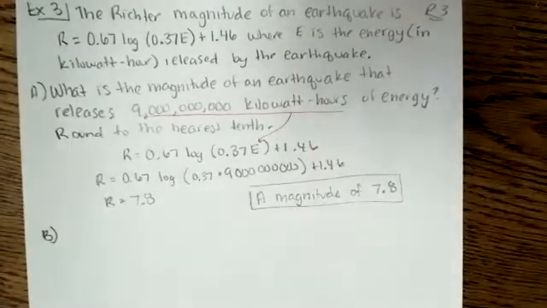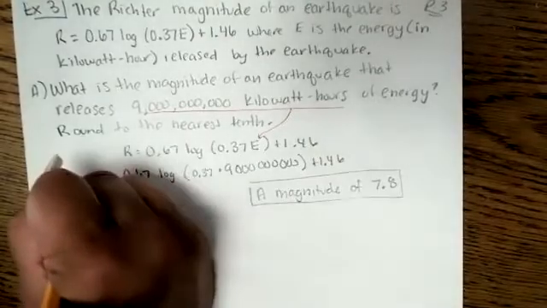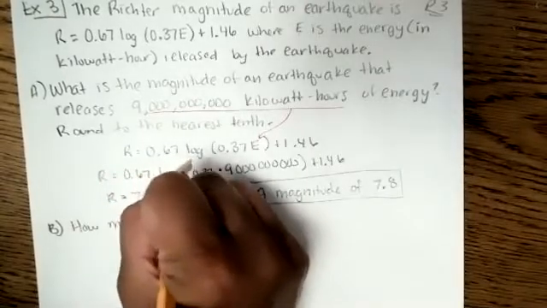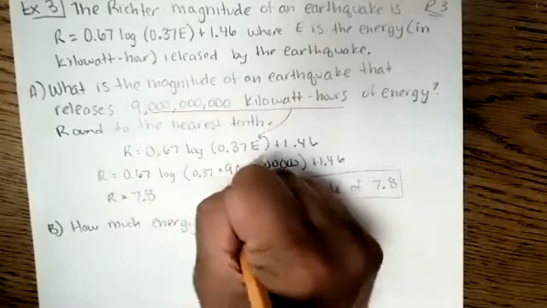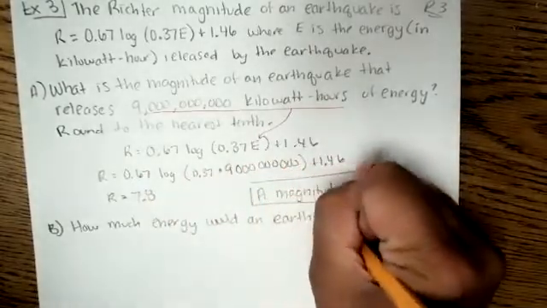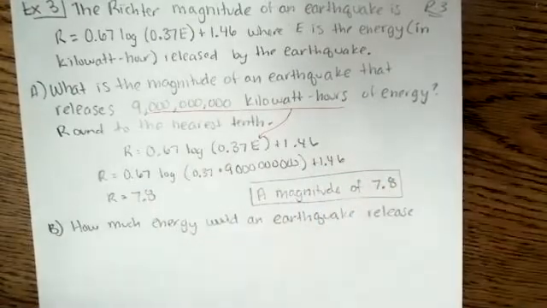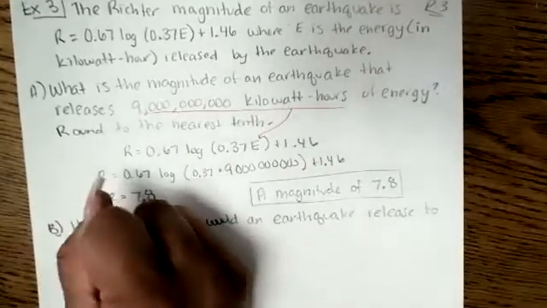So that one was pretty straightforward. Last one. How much energy would an earthquake release to be a 6.9 on the Richter scale?